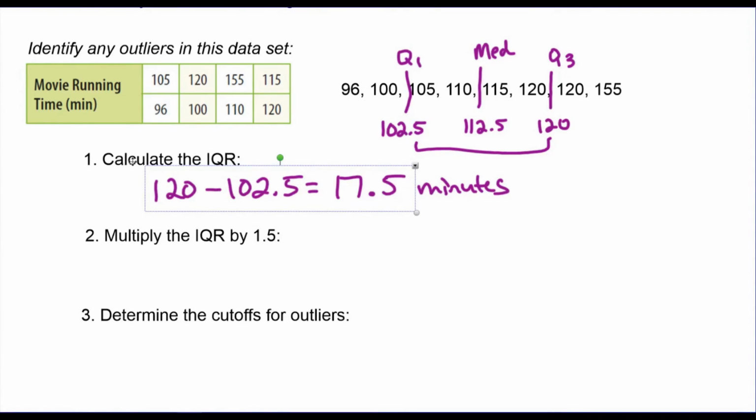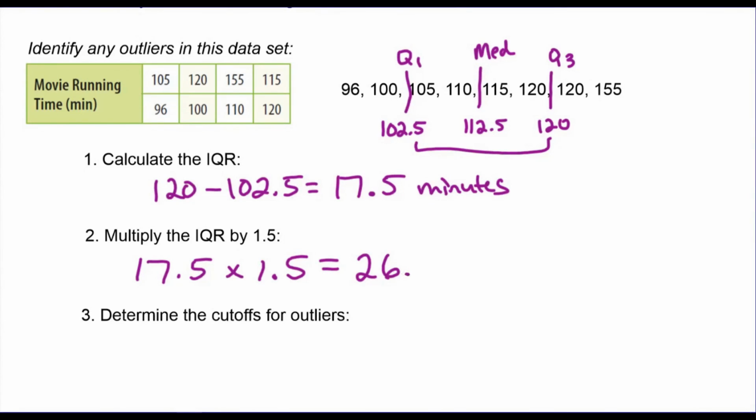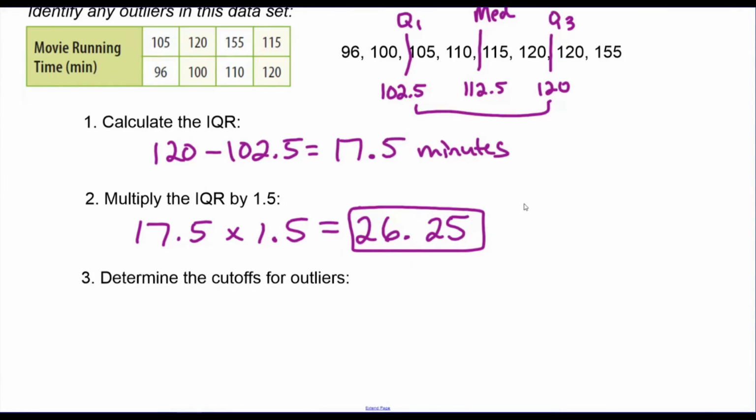And then secondly, I want to multiply that IQR by 1.5. So if I take 17.5 times 1.5, I get 26.25. Now this number right here, I'm going to use to find out whether a value is an outlier or not. So any data value in my set that is greater than 26.25 minutes above Q3 or 26.25 minutes below Q1 is going to be considered an outlier.